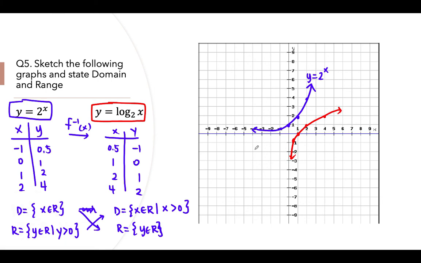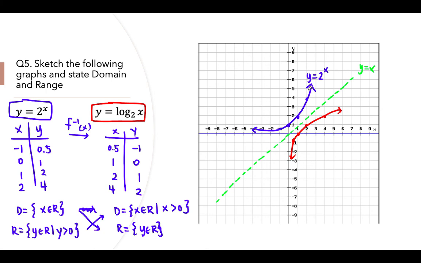So as you can see, if I draw an invisible y is equal to x, they are perfectly symmetrical, right? They are a reflection of each other. And double check the domain.